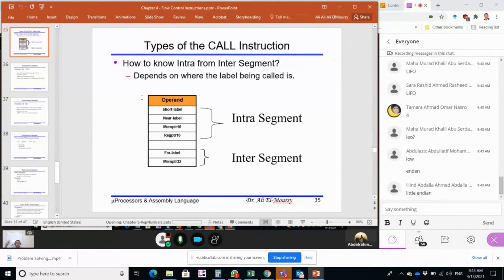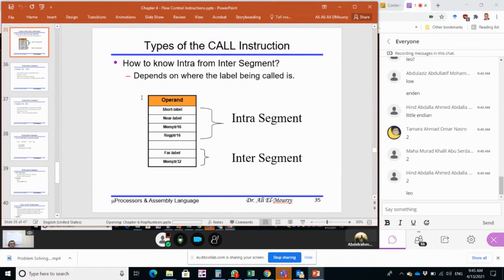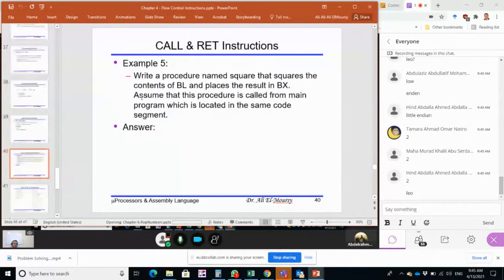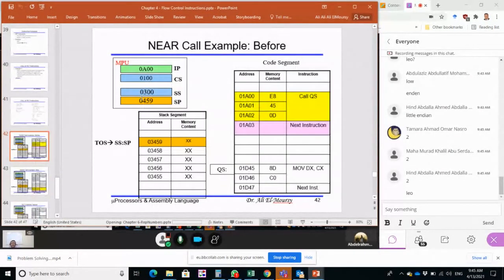In the near I want to push the IP. How many bytes for the IP? 2. How will they be pushed into the stack, even in the near jump, near call? In the little endian order. So whether far jump, near jump, far call or near call, I am using the little endian order.